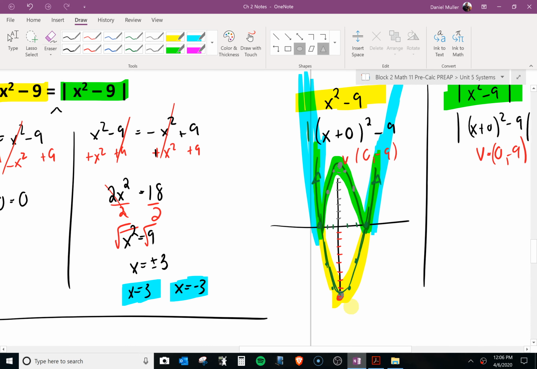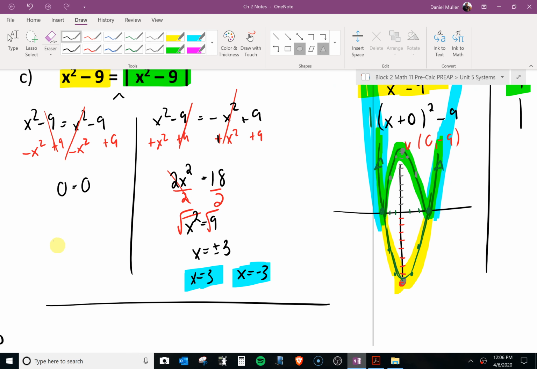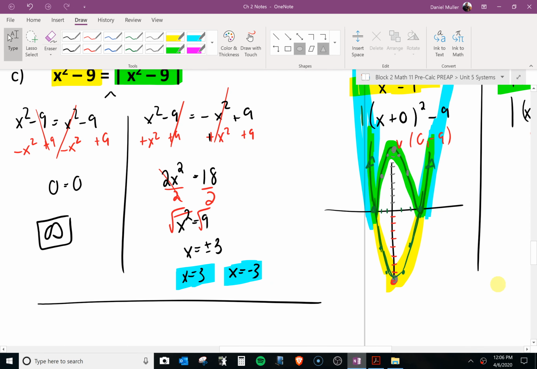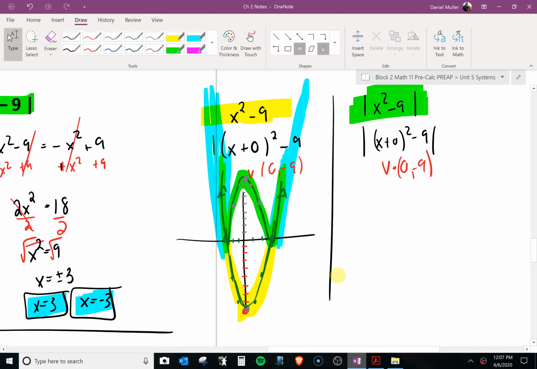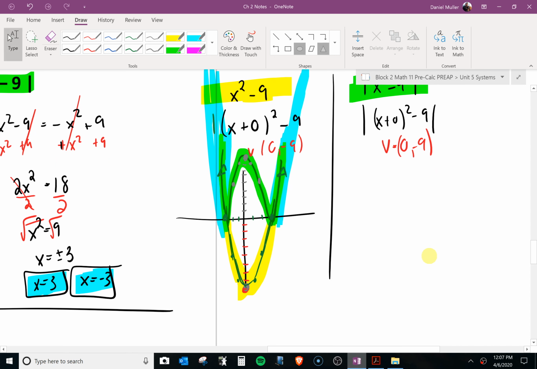And what does 0 equals 0 mean? Well, that means that we have an infinite number of answers, which is incredibly strange. In class, we would talk about this a lot more. But the idea is we're going to have an infinite number of answers. Where do this green graph and this yellow graph overlap?